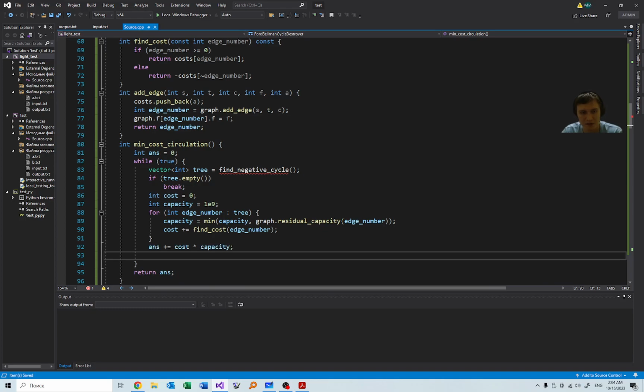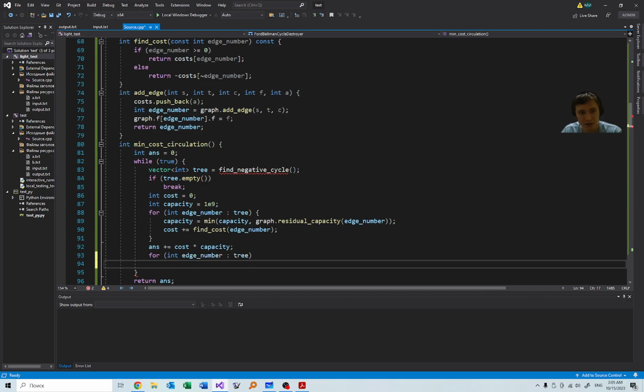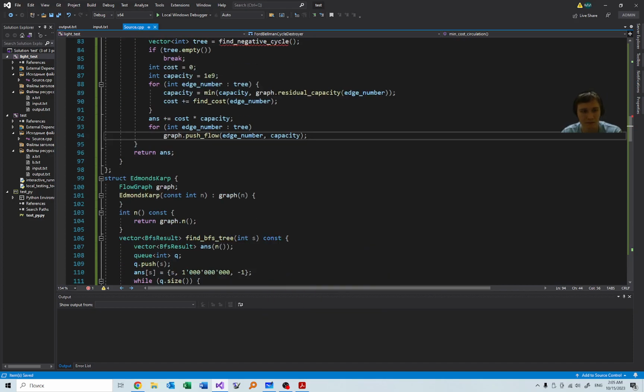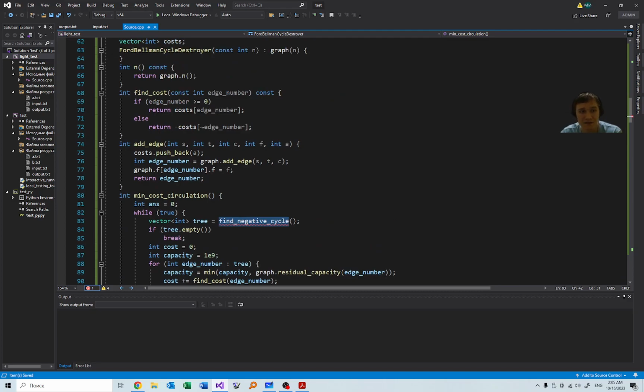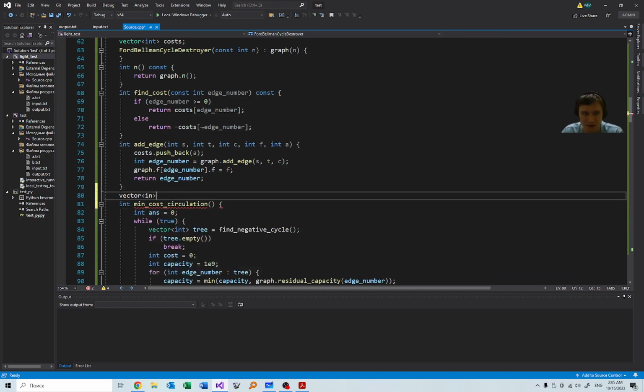Then we need in the graph to push some flow edge number capacity. And return ans. So now we only need to find a negative cycle, which will be easy. I believe in it.